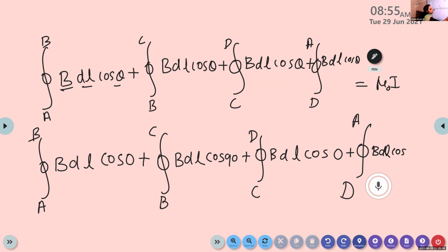B dl cos 90 is equal to mu 0 I. So in this step, we are just substituting the values of angle. Closed integral over A to B, B dl cos 0, plus closed integral over B to C, B dl cos 90, plus closed integral over C to D, B dl cos 0, plus closed integral over D to A, B dl cos 90 equal to mu 0 I. Is it clear?